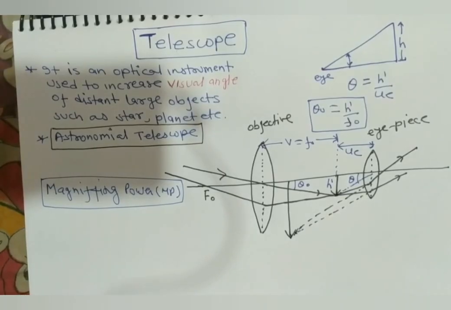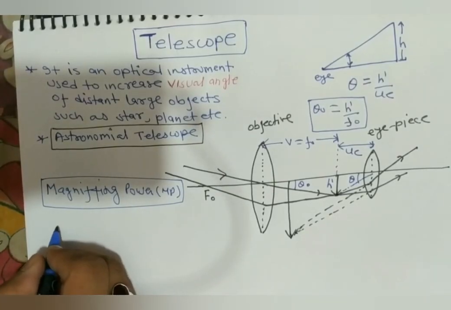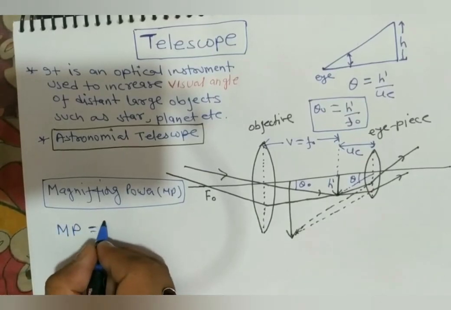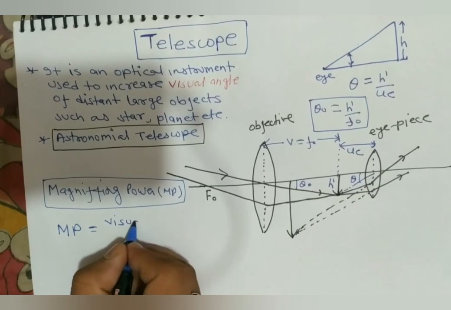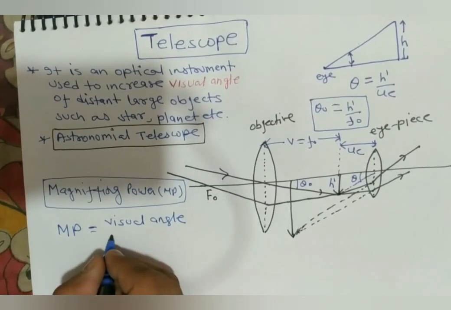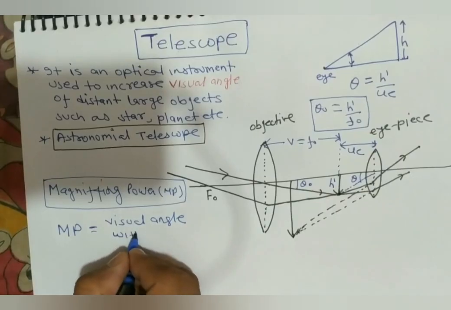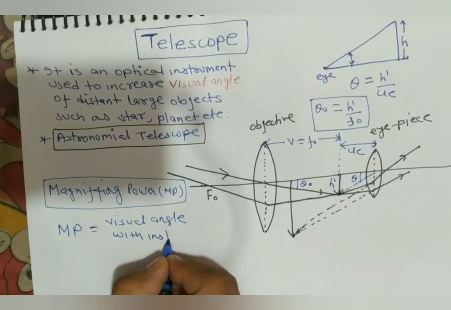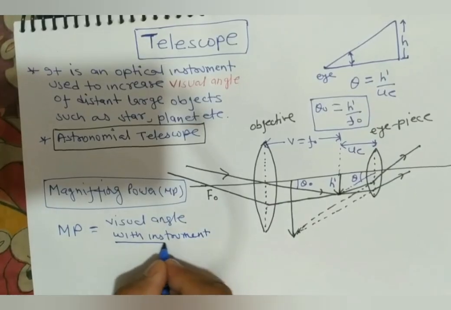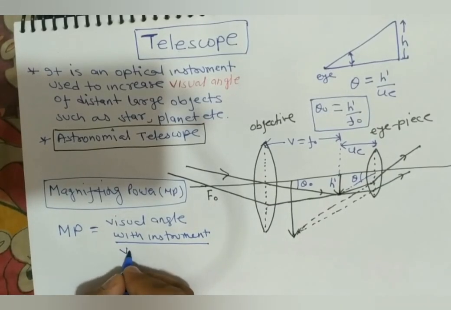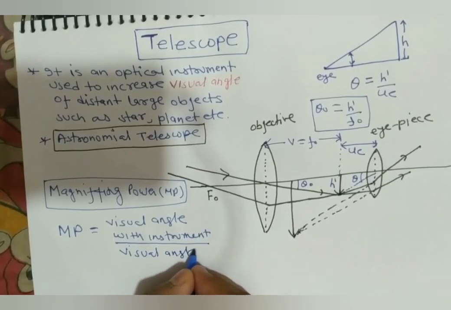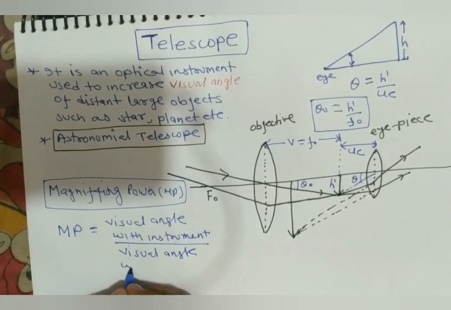We have to derive the magnifying power, and we know that magnifying power is the visual angle with instrument upon the visual angle without instrument.